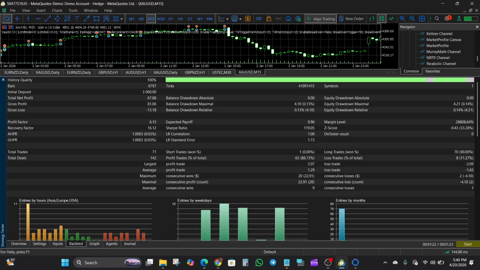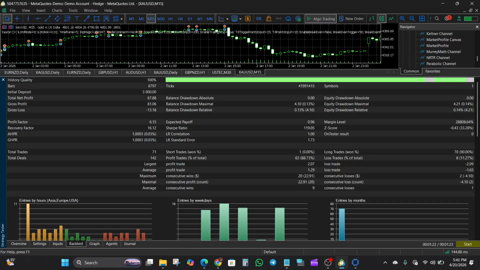Overall, this EA is structured and built around a classic breakout strategy with additional filters to improve trade quality. All right, it focuses on selective entries, momentum confirmation, and controlled risk management, which makes it suitable for traders who prefer a more disciplined approach.